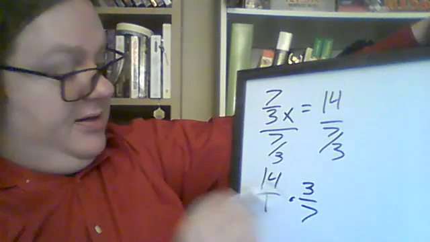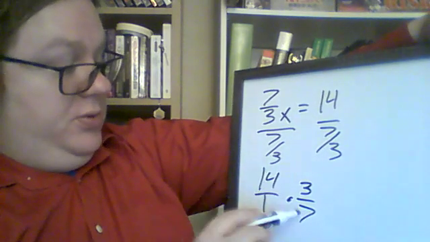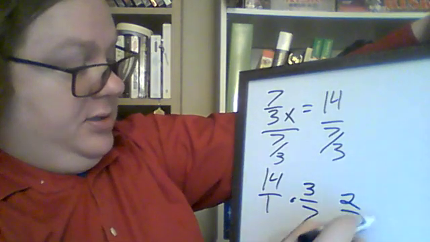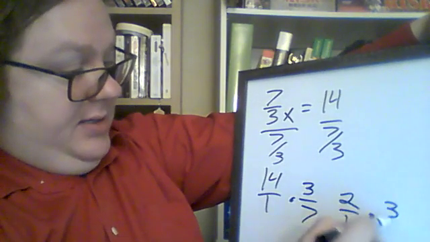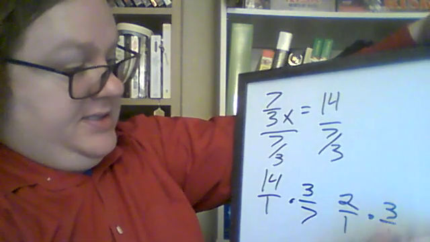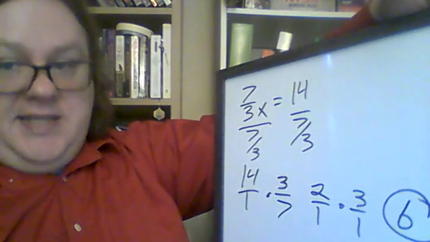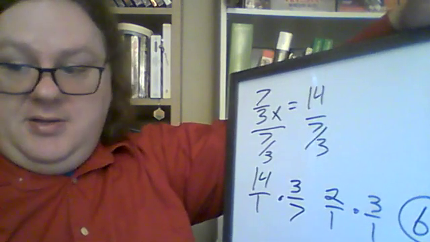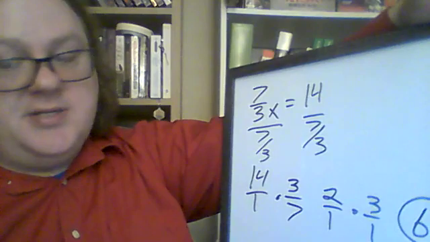I'm going to do that. 14 divided by 7 is 2. So that's going to be 2 over 1 times 3 over 1. So that's 2 times 3 is 6. And our answer is 6. I hope it makes sense the way I got there. I hate fractions so much.